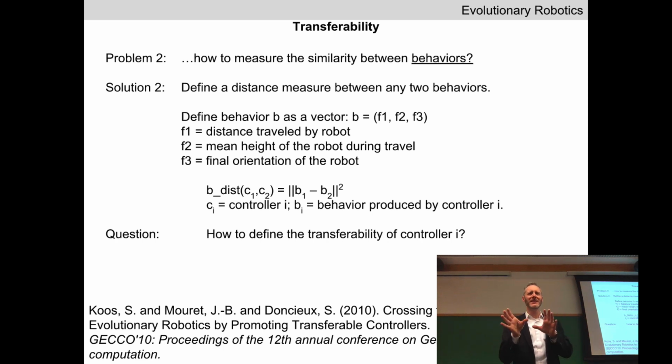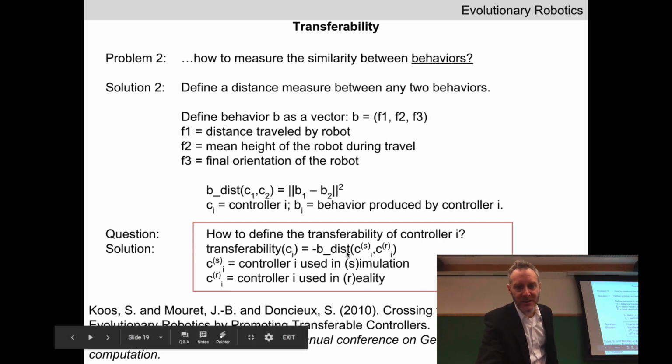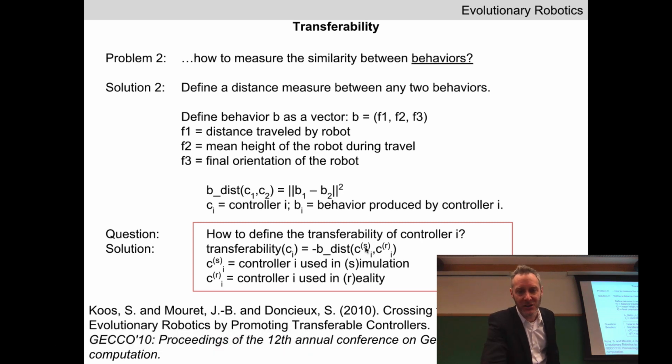So now we've got to take that distance and use it to compute transferability. Okay. So transferability now is pretty easy. It's just the negative of the distance, right? The more different the behavior generated by a controller in simulation and a controller in reality, the greater that distance or that difference, the lower transferability is.